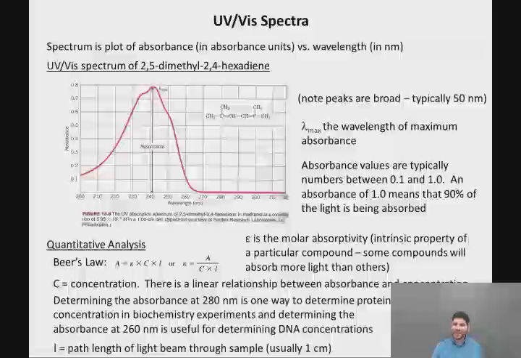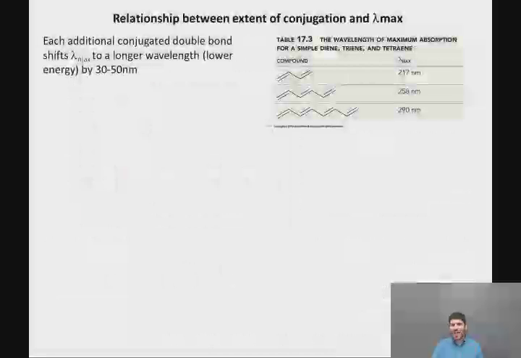So that's quantitative analysis, where we look at how big the absorbance is, but you also get important information about the structure of a molecule depending on exactly where the lambda max is. It turns out that there is a relationship between the extent of conjugation and the lambda max.